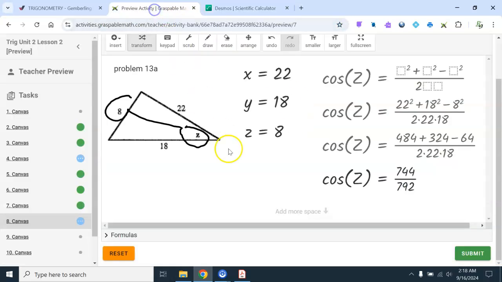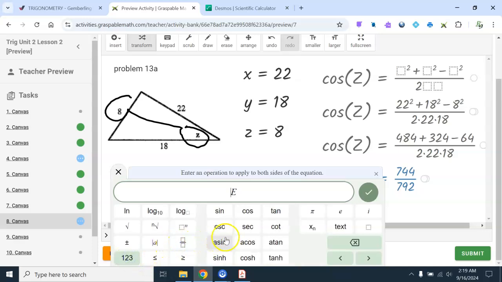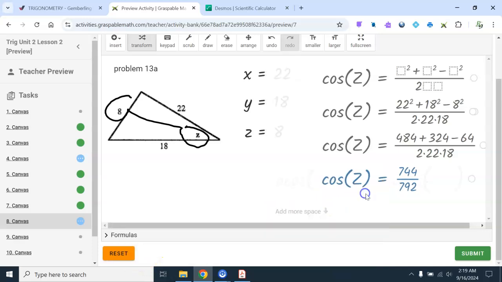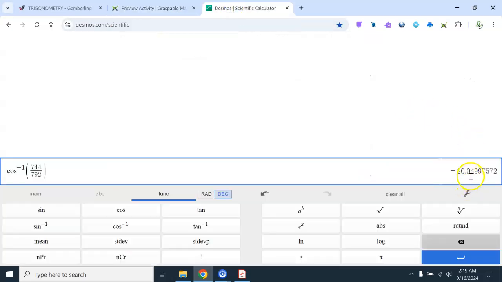Now, the program has a way of doing it, but the way that they do it is different. So I think I'm going to stay with the other calculator. It looks closer to what you are used to seeing, but I believe this will get us very close. So again, 20.050, and we had 20.0499, which gives us the same answer.